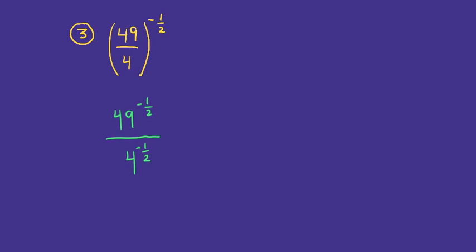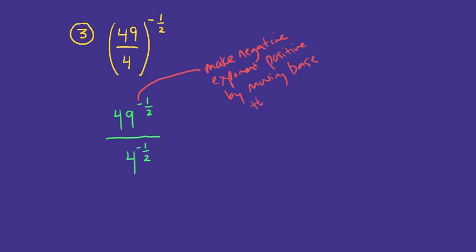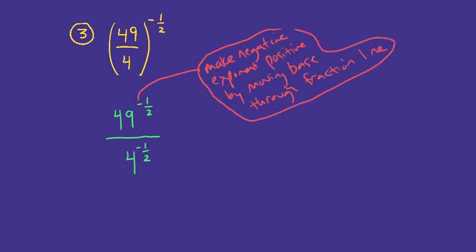And one thing on these ones, if you've got a negative exponent, we're going to make the negative exponent positive by moving the base, in this case the 49 on top, moving the base through the fraction line. Make the negative exponent positive by moving the base through the fraction line.